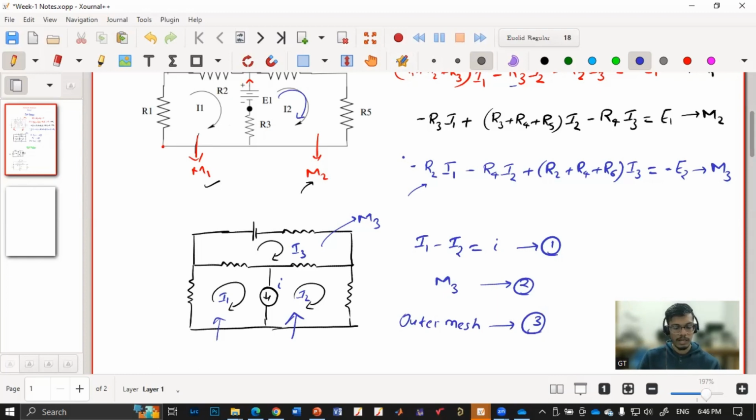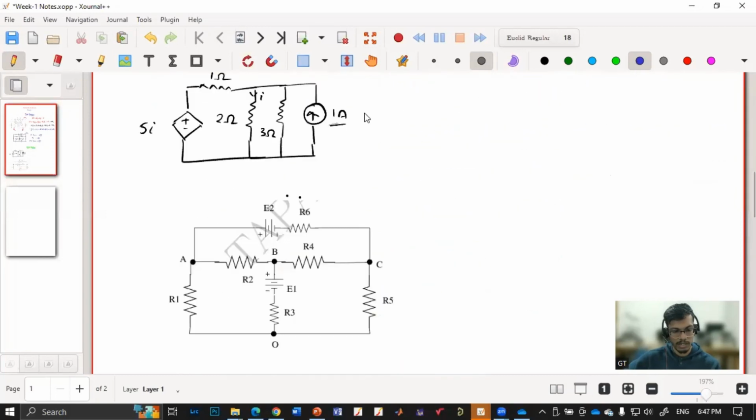So basically, if there are three unknowns, we need three equations. If we are not able to get those equations the conventional way, then we have to see some other loops where we can apply KVL, or KCL in the case of nodal analysis, and then we'll get another equation.